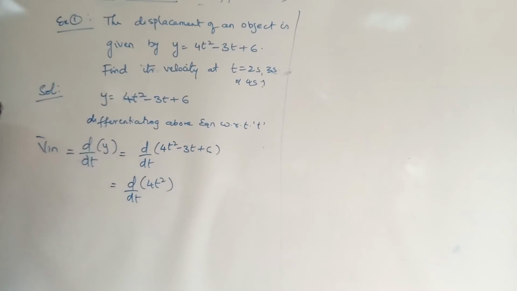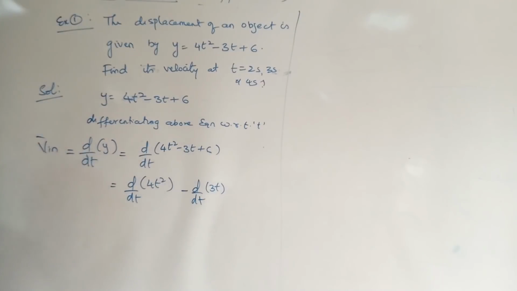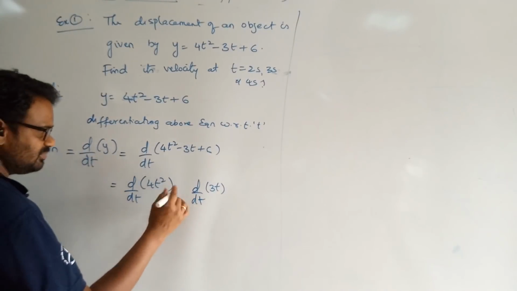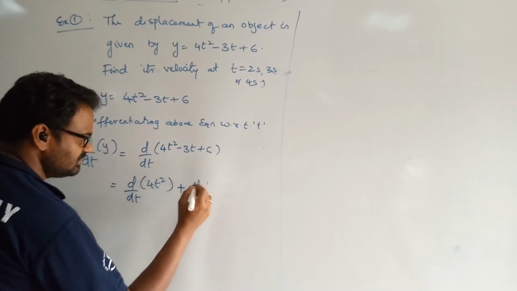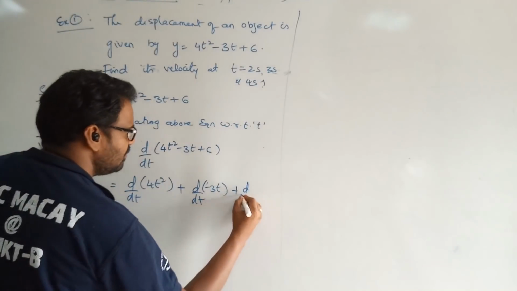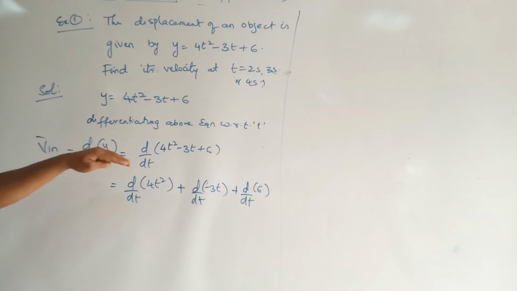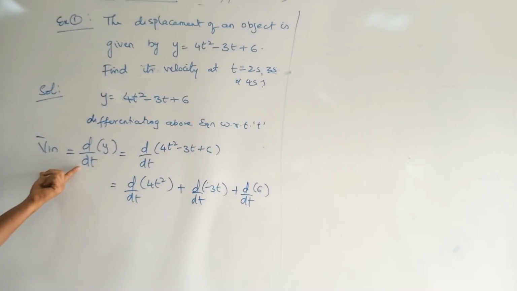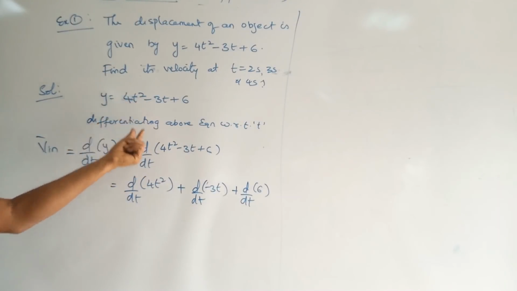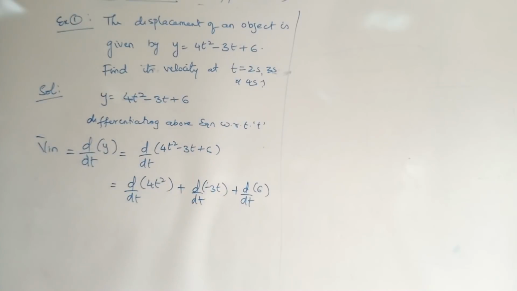You can write it as d/dt of 4t², plus d/dt of −3t, plus d/dt of 6. We are first applying differentiation to each term like this. Now we should make use of the formulas you have learned.